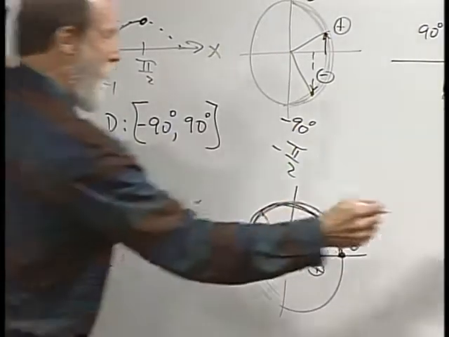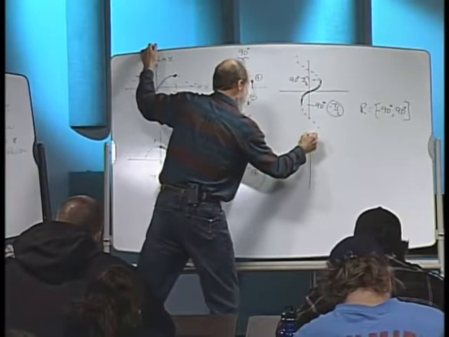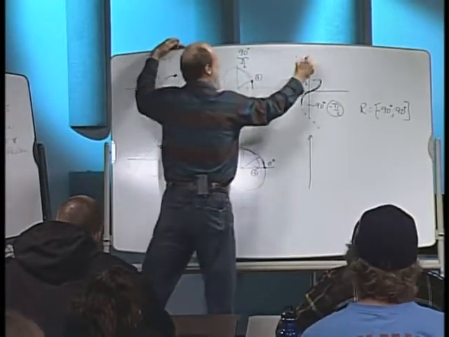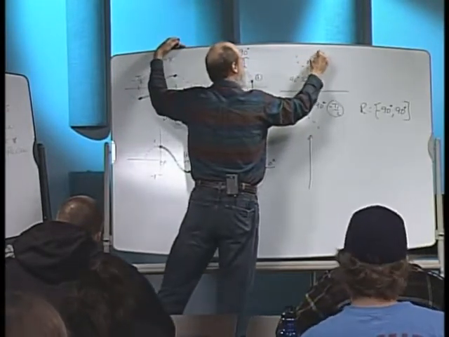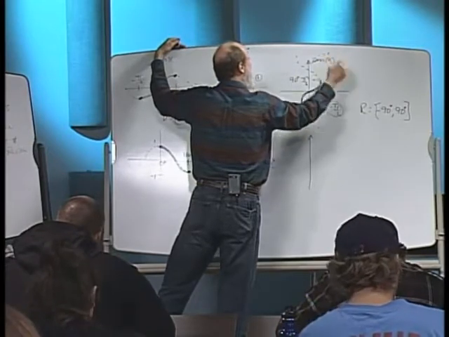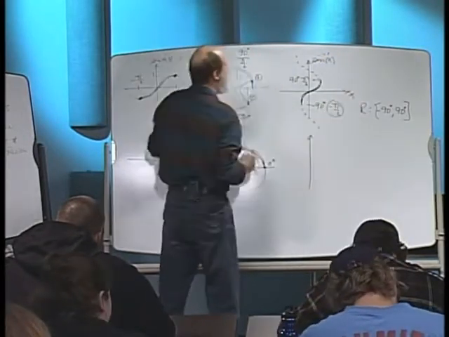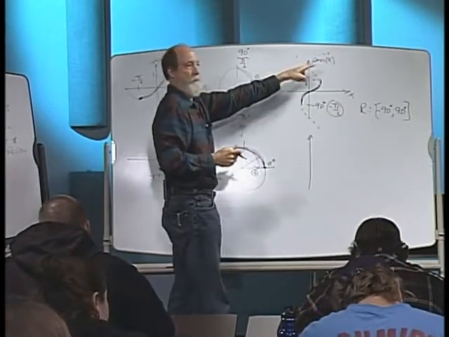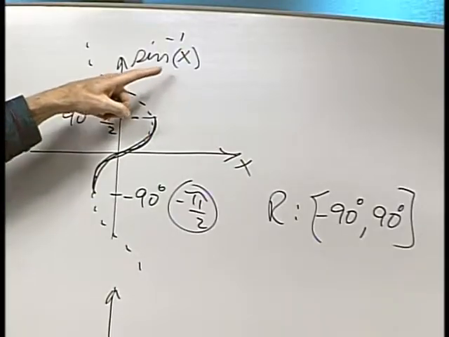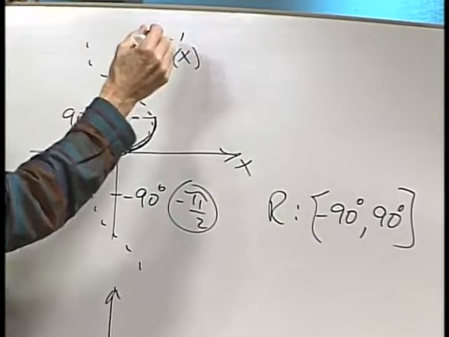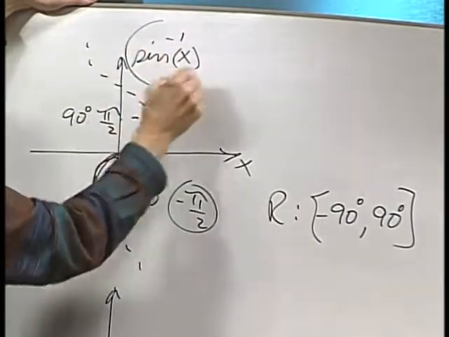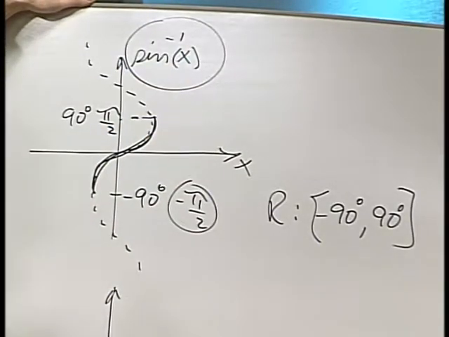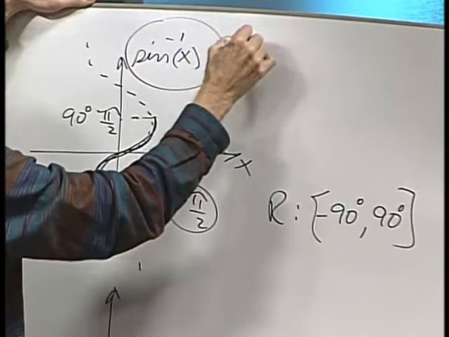Taking that to the graph of the inverse, oh, and I forgot to label this up here. This one is the inverse sine of the input. And one more quick comment before I keep on going here: what did I say inverse functions can be thought of as, always? Angles. You can think of them as an angle.